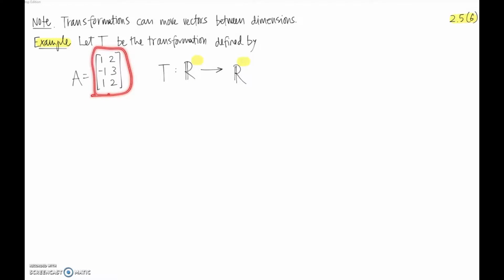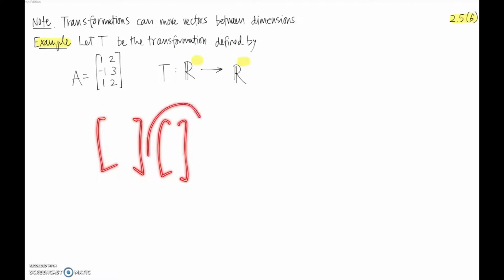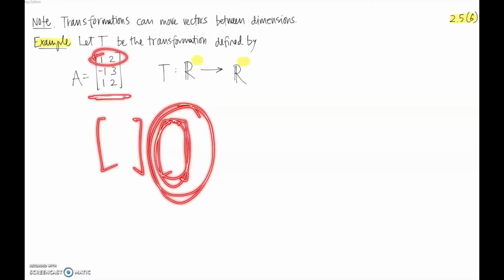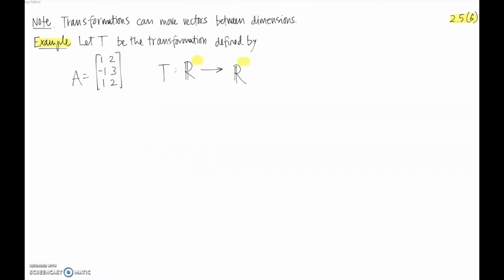You're going to take this matrix here and you're going to multiply it by some vector. What size does that vector have to be if we're multiplying by this matrix right here? Well, these rows have to match up with these columns. So I'm pretty sure that we have to start at least in R2. And then where are we going to end up?